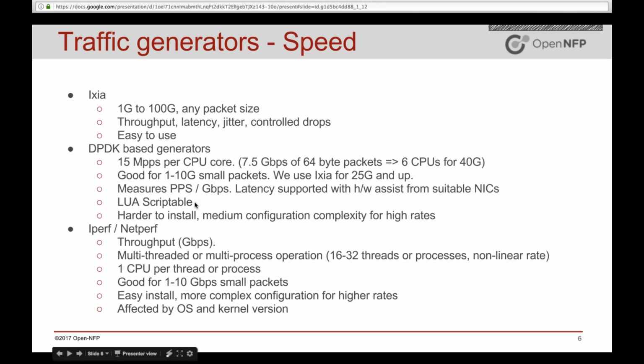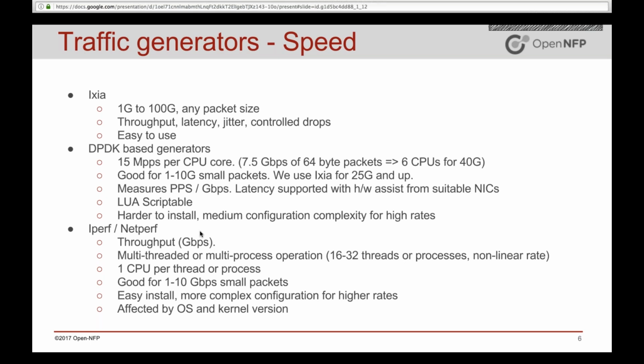You can control these via Lua scripts, Lua programs, but installing DPDK-based generators does require you to compile them on the Linux system and configure the drivers accordingly. iPerf and NetPerf come with most Linux systems. They're out of the box. You can get low rates very easily.